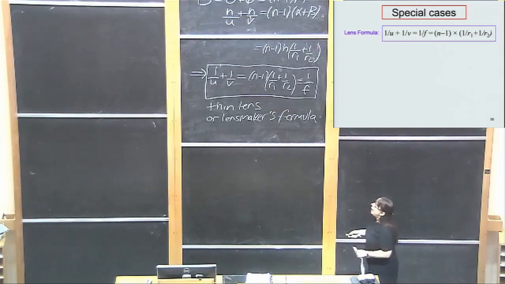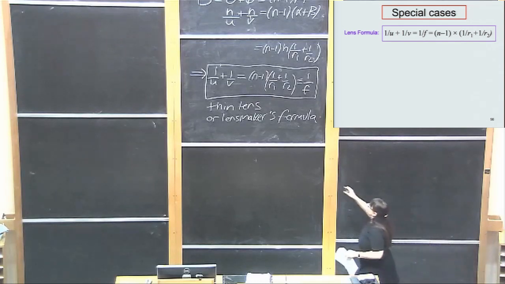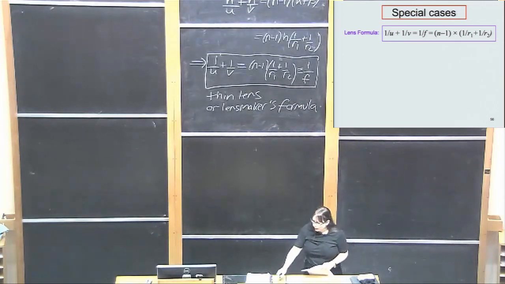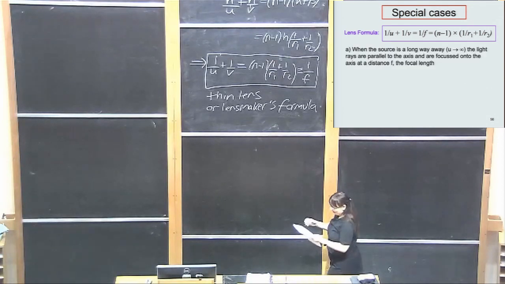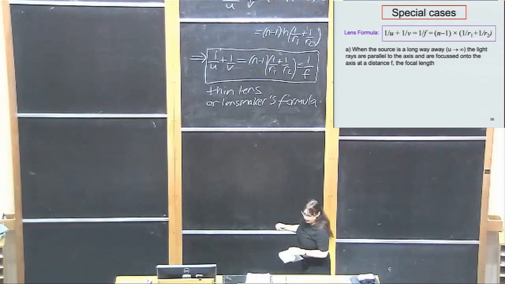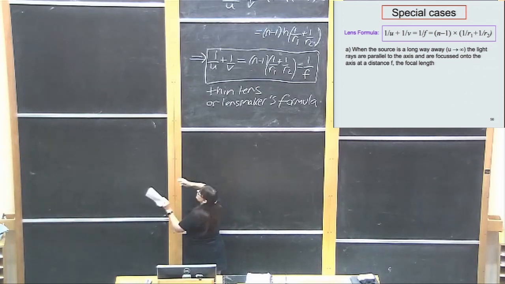Okay, so let's turn back to the lens formula. So here it is again. As I said, the most important formula in all of practical geometric optics. And let's just look at a couple of special cases. So first of all, let's look at the case where we have an object from far away, spewing out light rays from a distant object.